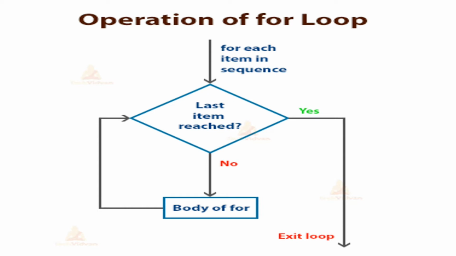You can see here on the screen, the for loop keeps on executing until you reach the last item. If you reach the last item, it will exit the loop, but if you are not at the last item, then the body of the for loop will execute.